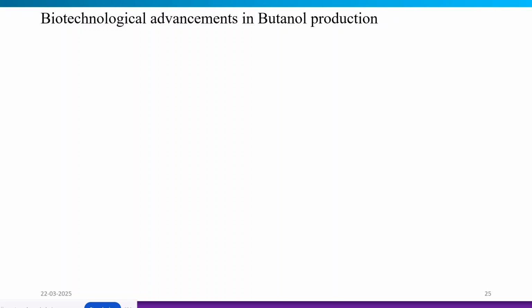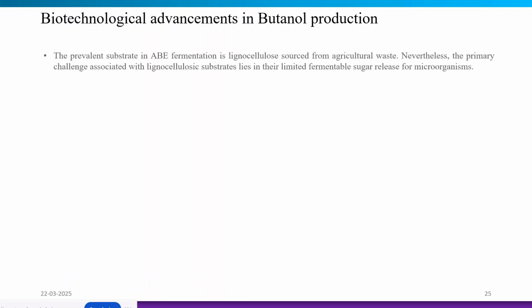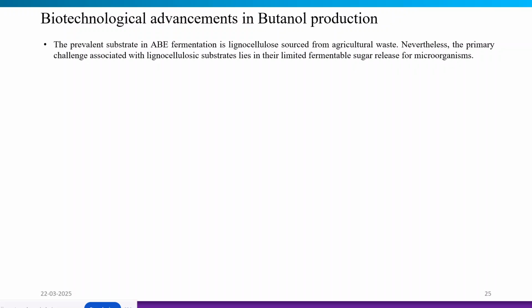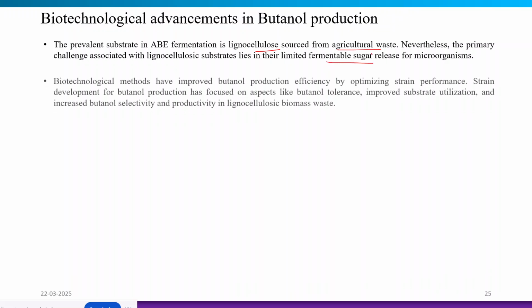The last topic of the discussion for today's session is the biotechnological advancement for biobutanol production. It involves genetically advanced strains of microorganisms that can enhance biobutanol production. The prevalent substrate in the ABE fermentation is lignocellulose sourced mostly from agricultural waste. Nevertheless, the primary challenge associated with the lignocellulosic substrate lies in its limited release of fermentable sugar for the microorganism.